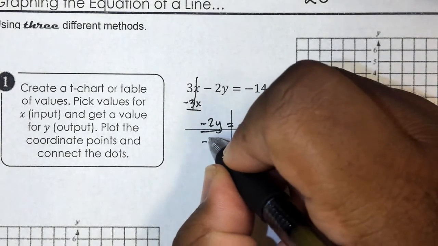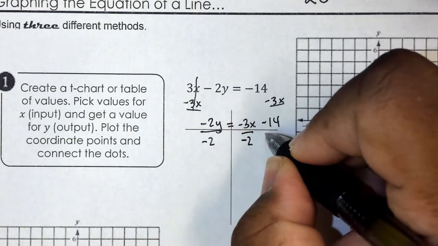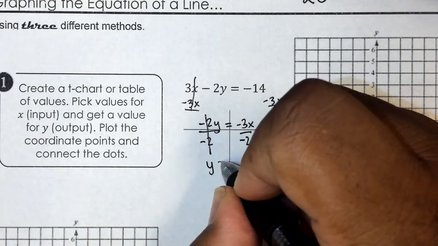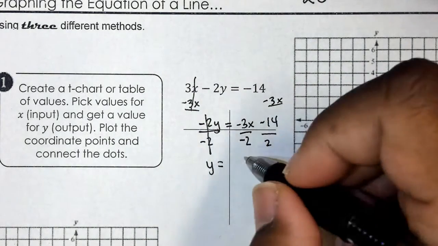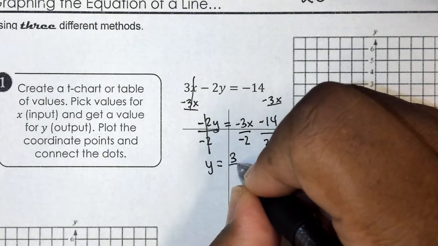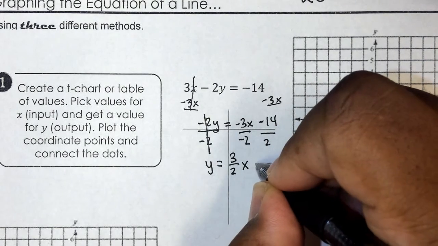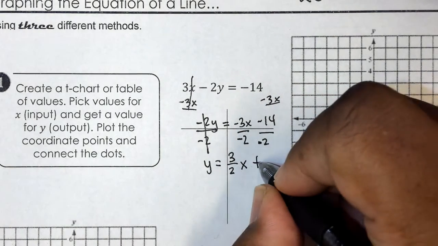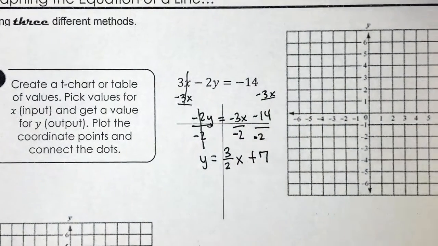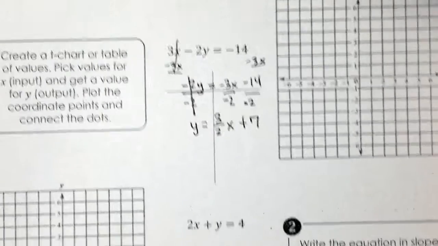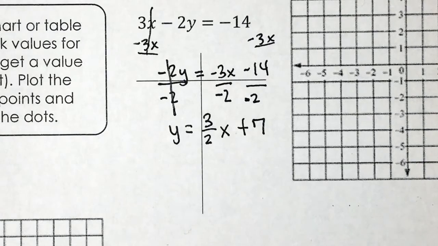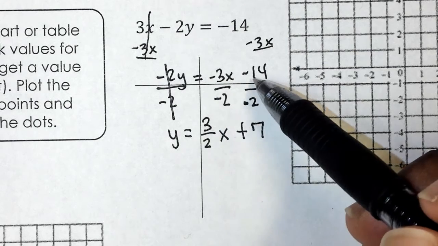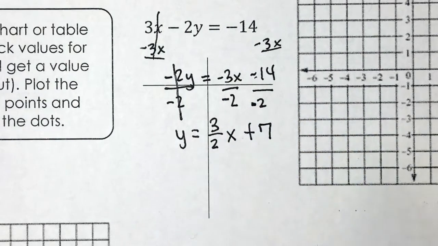This ain't nothing new. Y equals 3 over 2x plus 8. Thank you. 3 over 2x. You said, oh yeah, I forgot that other negative 2. Thank you. Plus 7. Correct. Don't forget you dividing by negative 2, so you zoom in. Negative divided by negative turns positive here. Negative divided by negative, that turned positive as well.